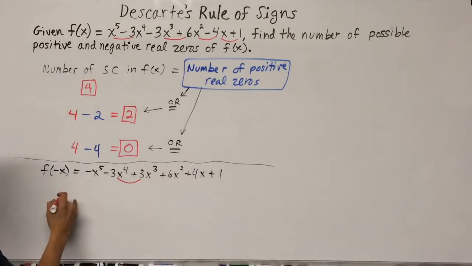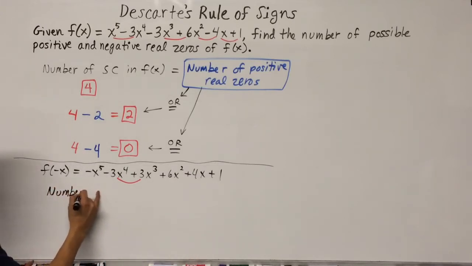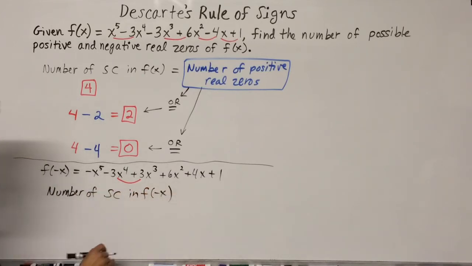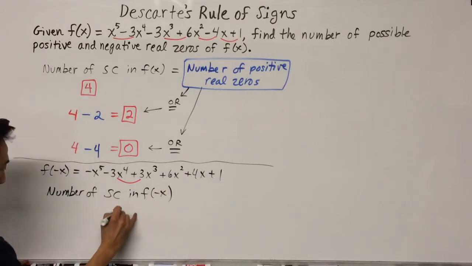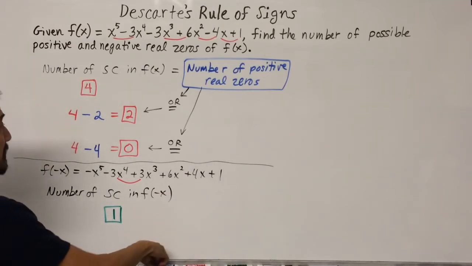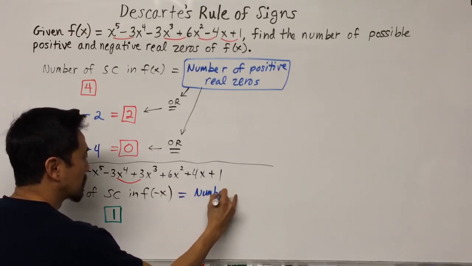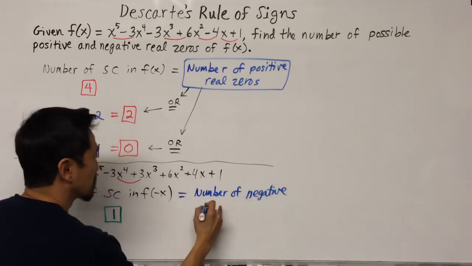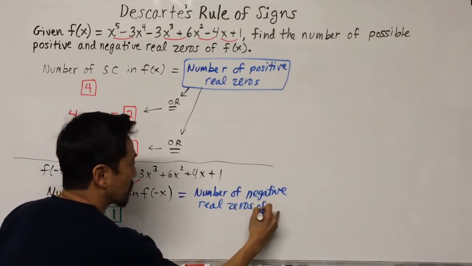Okay, so we see that the number of sign changes in f of negative x is, I'll use green, just 1. Okay? So that green, number 1, is going to tell me the number of possible negative real zeros of what?